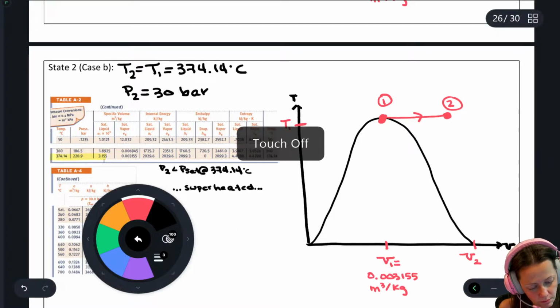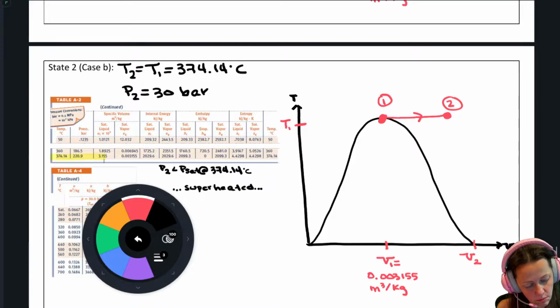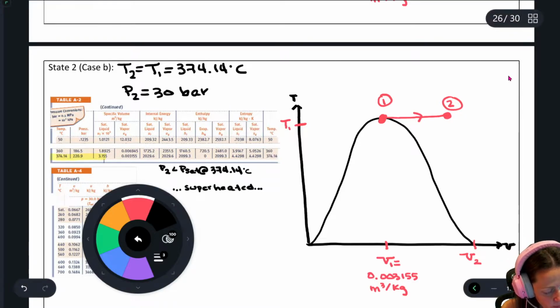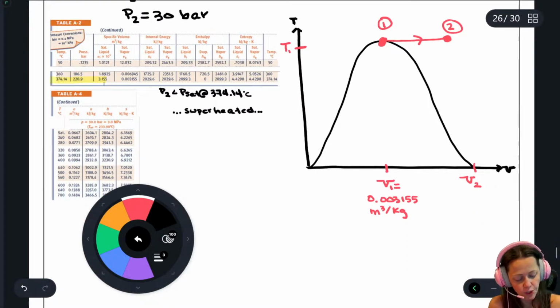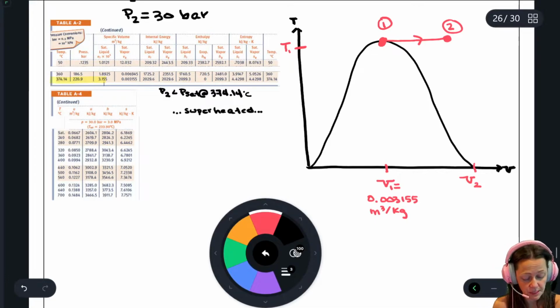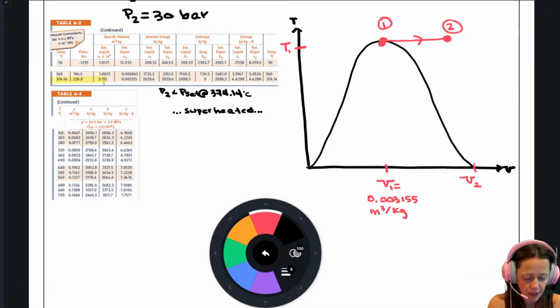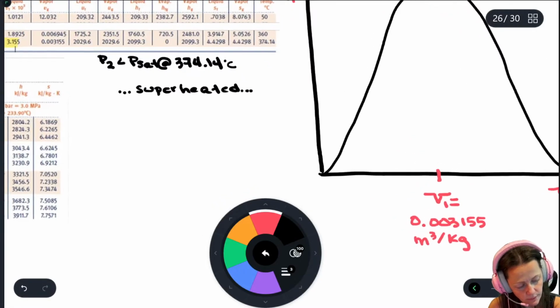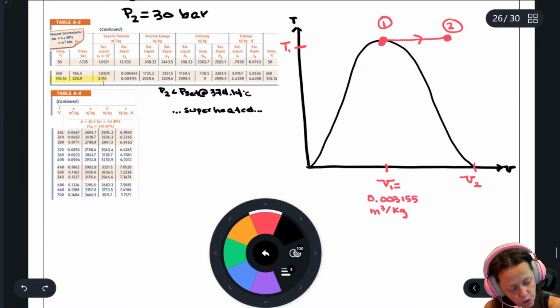I do need that specific volume, and I have figured out that yes, it's superheated.